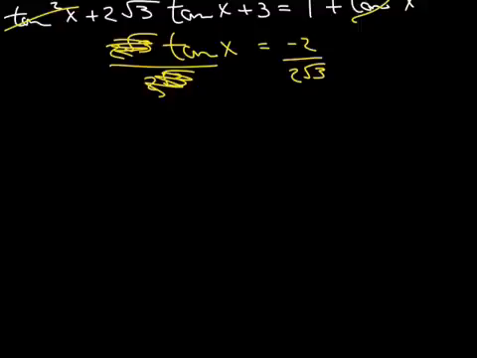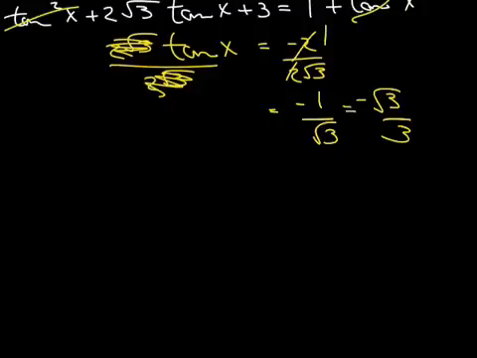Okay, give myself some more room here. So, tangent of x, and these will cancel here and here, and that'll be 1. So I've got negative 1 over square root of 3, or square root of 3 over 3 when we rationalize the denominator. So we have negative square root of 3 over 3.